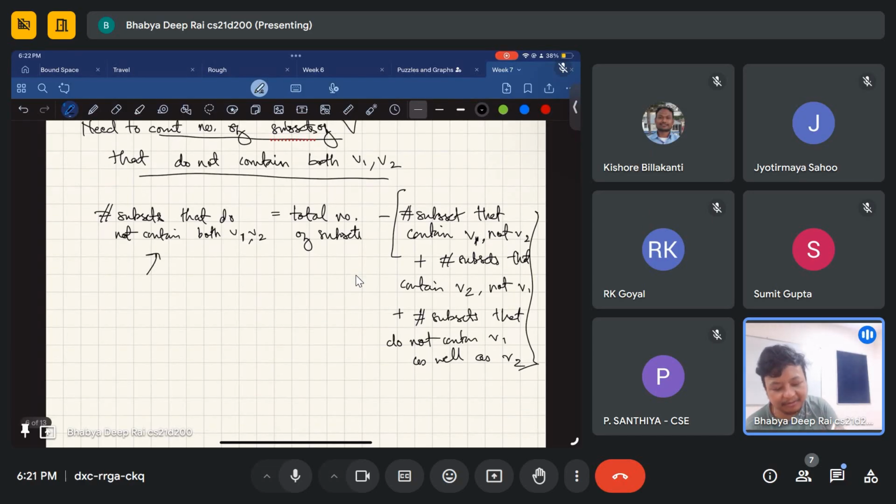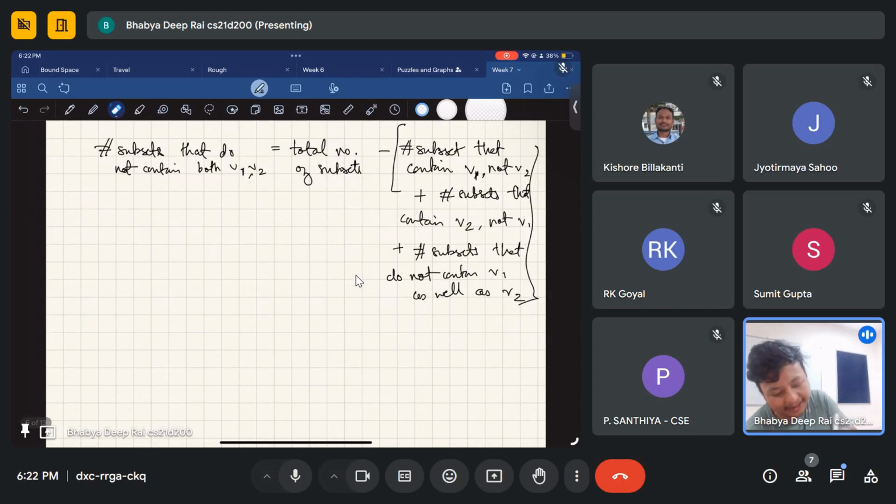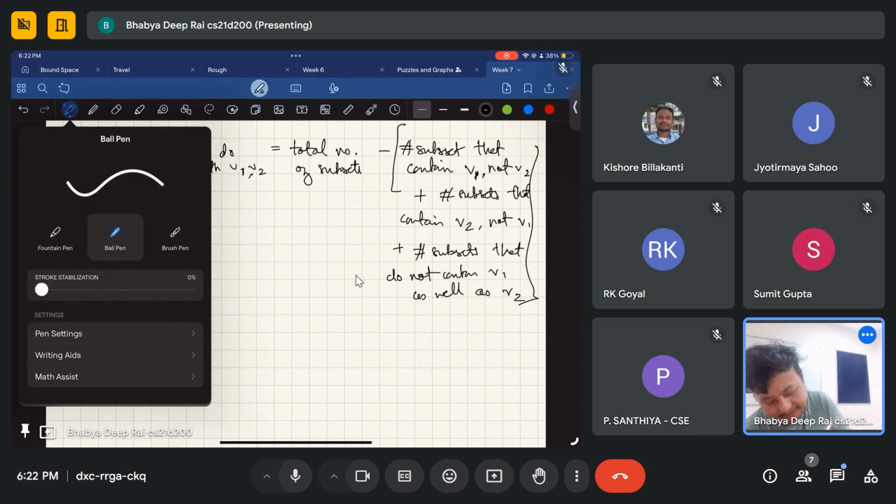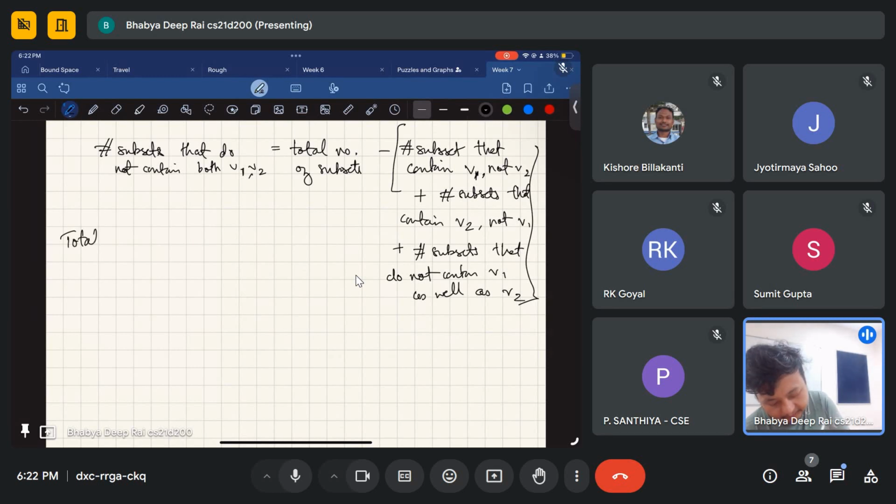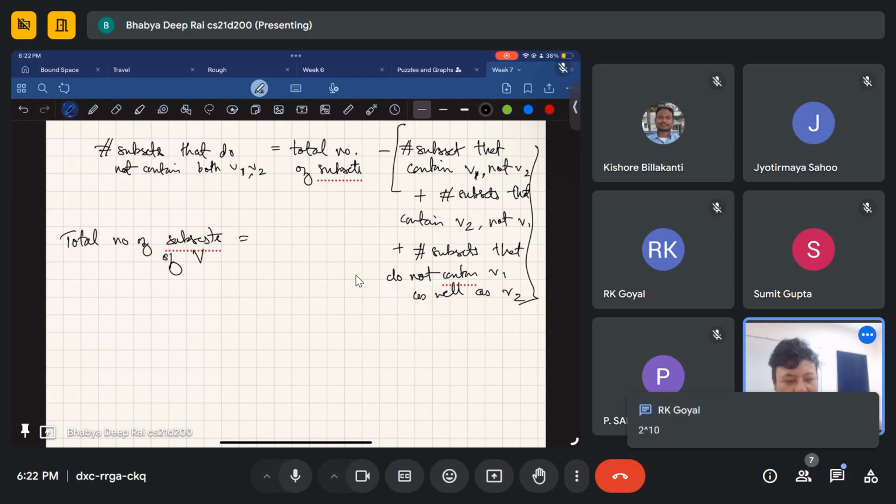But I want to clarify the intuition about it. So what is the total number of subsets of V? This is simply the power set, which has size 2 to the 10. What is the logic behind it?